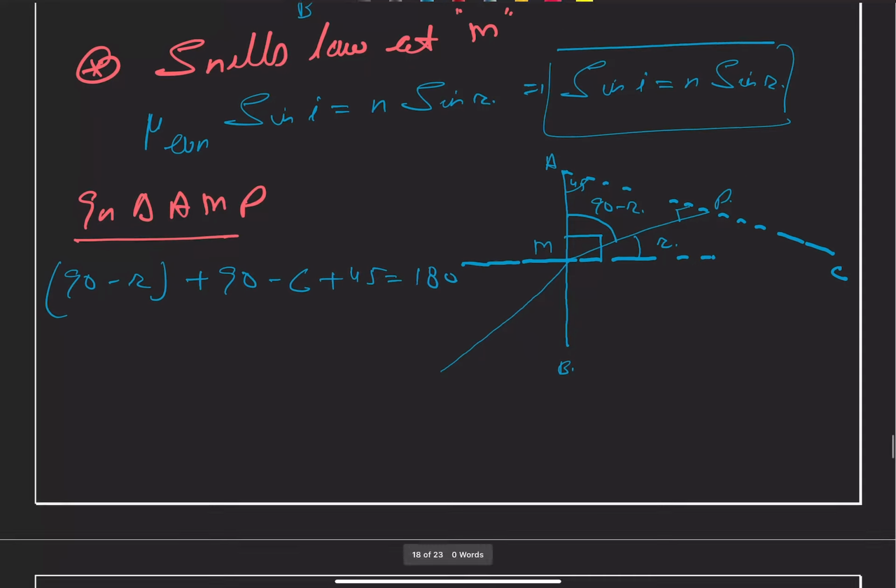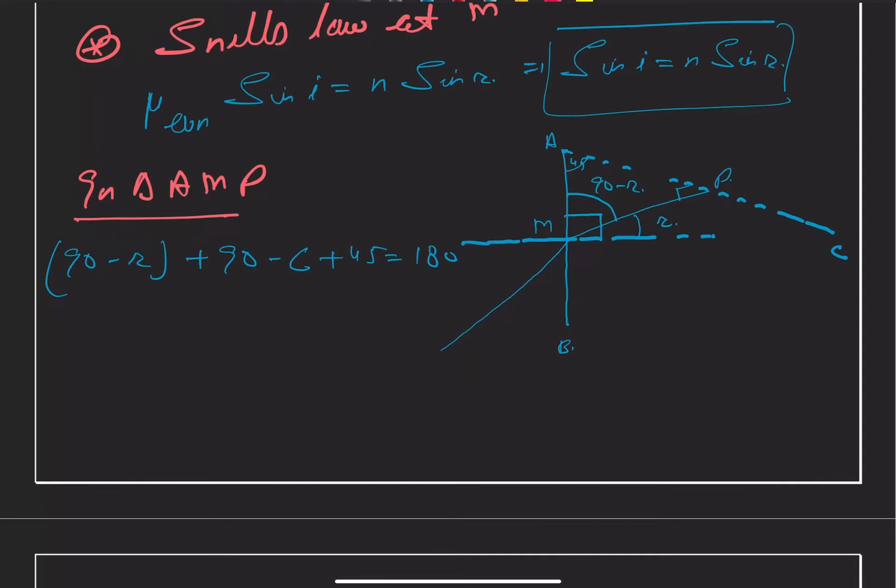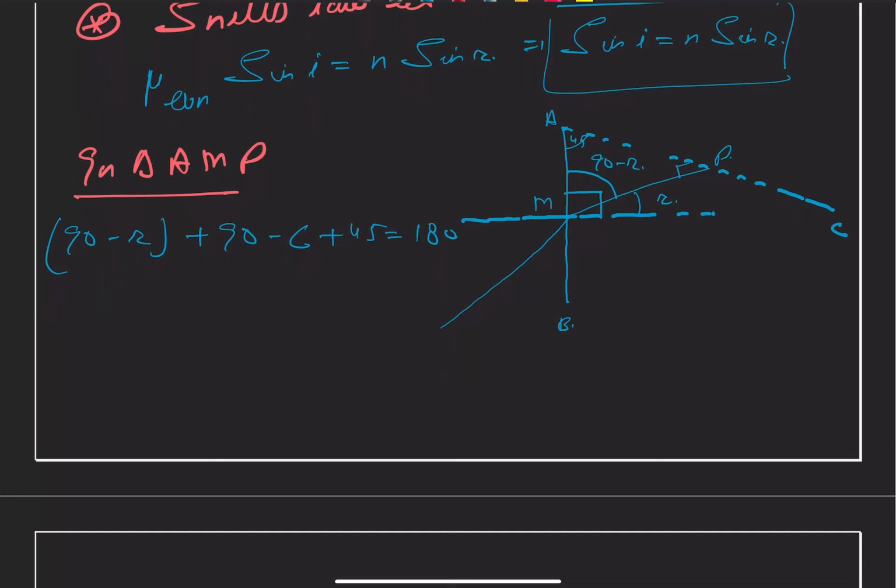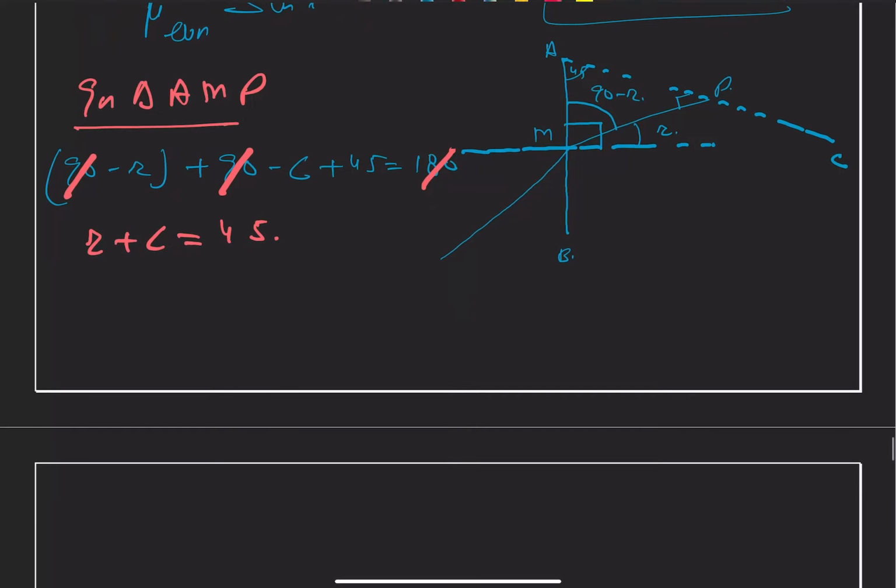So this gives us R plus C, where 90 and 90 make 180, so these terms cancel out. This will be 45. So R plus C is equal to 45, and this gives us that R is equal to 45 minus C.